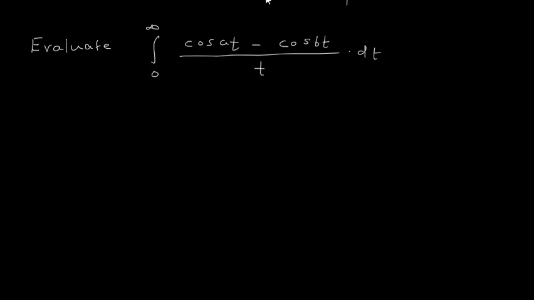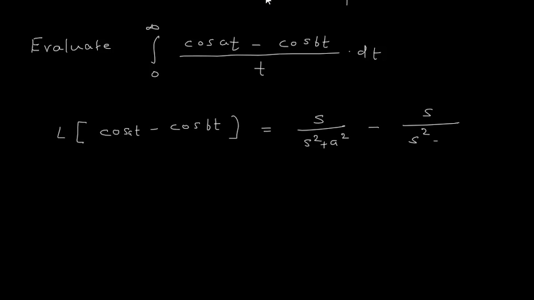So for that, let us first find Laplace of cos at minus cos bt. Laplace of cos at minus cos bt is equal to s upon s square plus a square minus s upon s square plus b square.